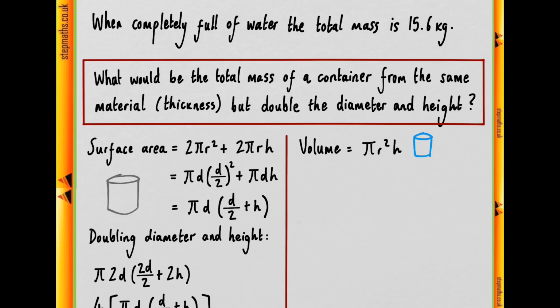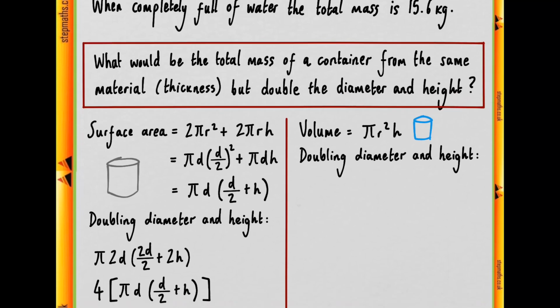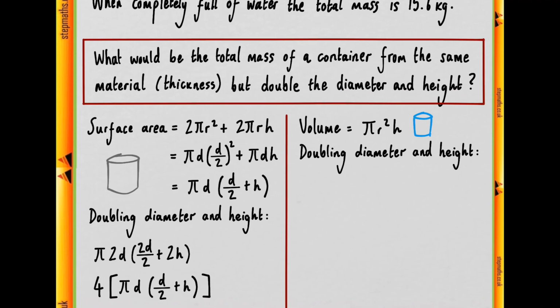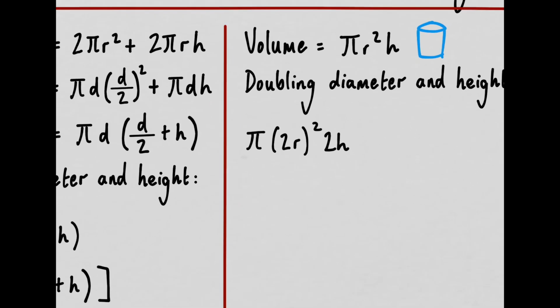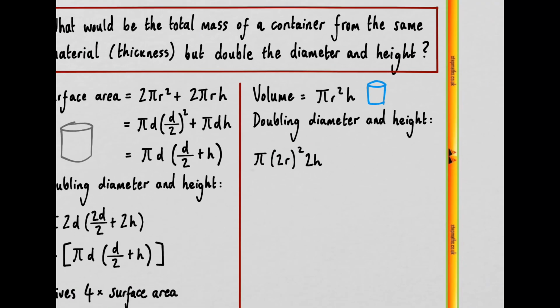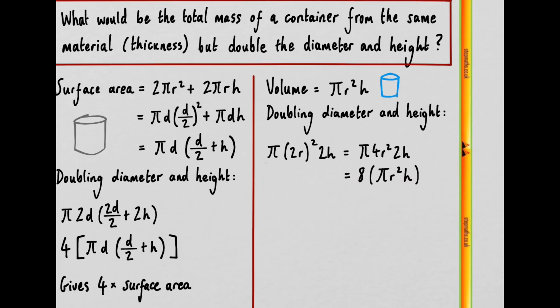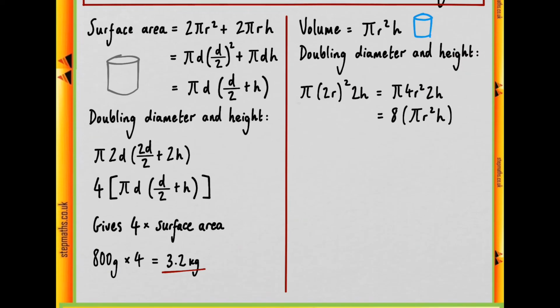Now we're doubling the diameter and the height, so we plug in 2r and 2h: pi times 2r squared times 2h. Multiplying through, 2r squared gives 4r squared, multiplied by 2h, and that gives us 8 times the conventional volume formula.